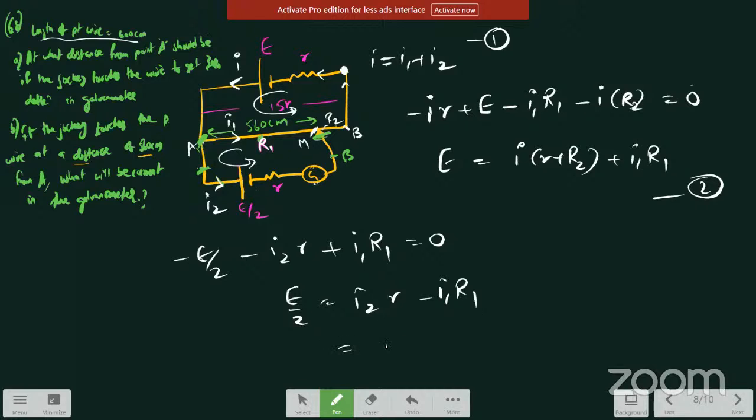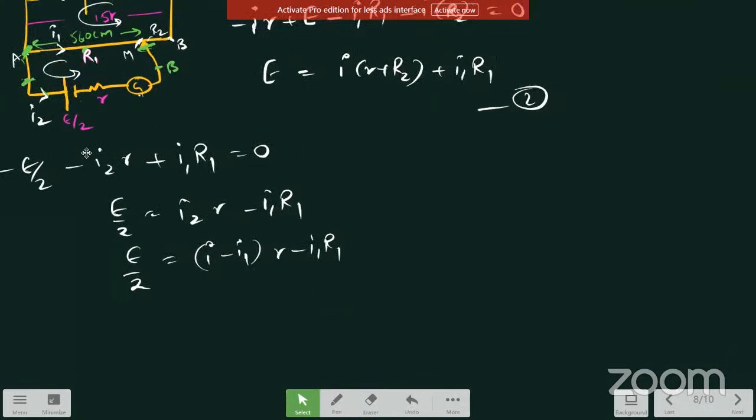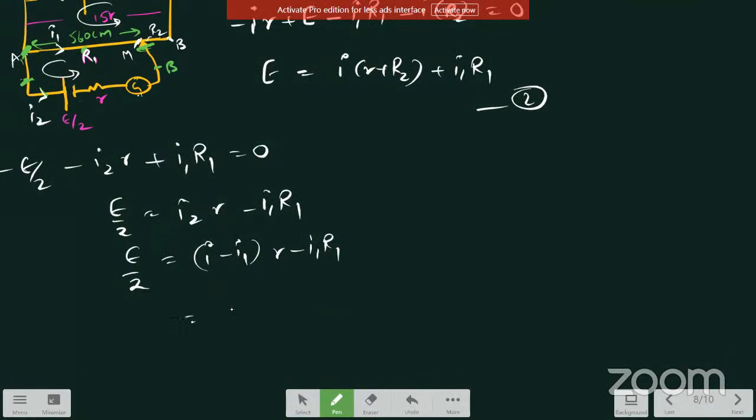In place of I2, put I minus I1, into R minus I1 R1. So I have got an equation: IR minus I1 into R plus R1.